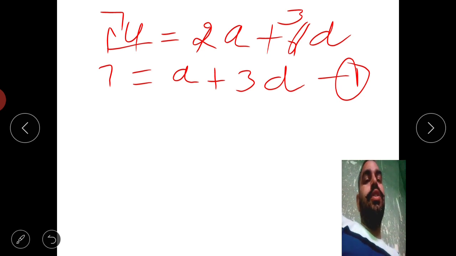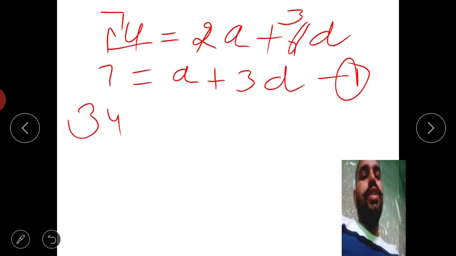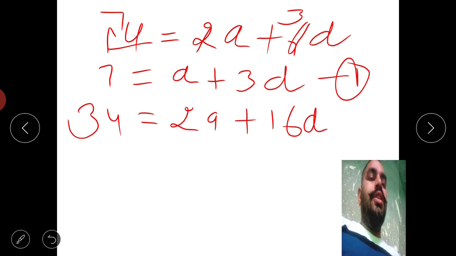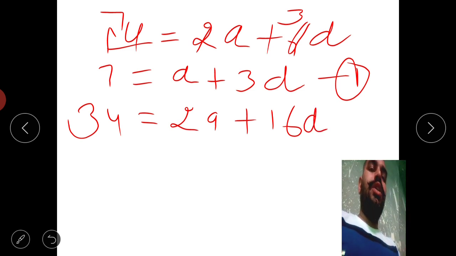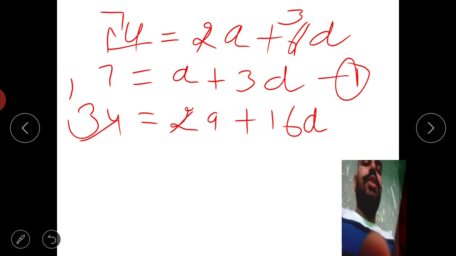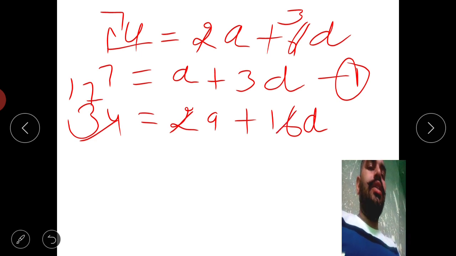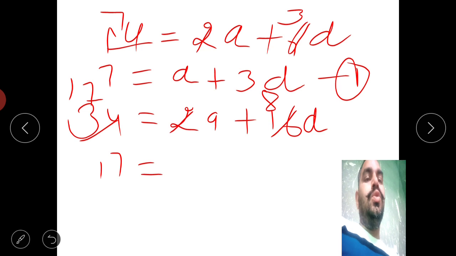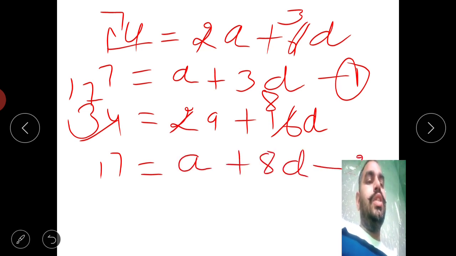The second equation is 17 into 2, 34, is equal to 2a plus 16d, and this 2 also cancels out here, giving 17 is equal to a plus 8d. Got it or not? This is equation number 2.